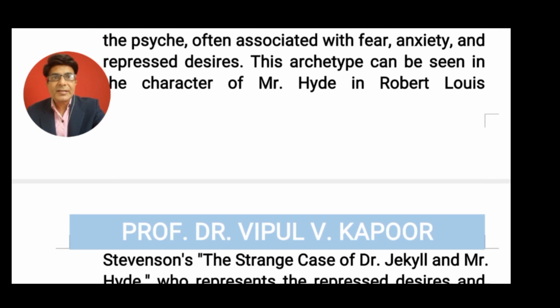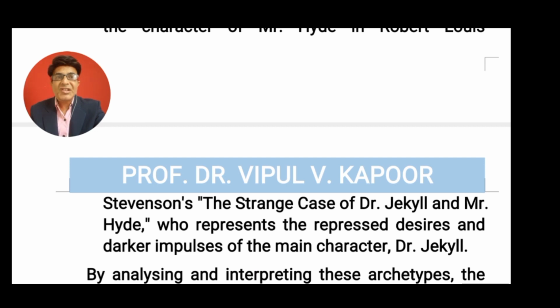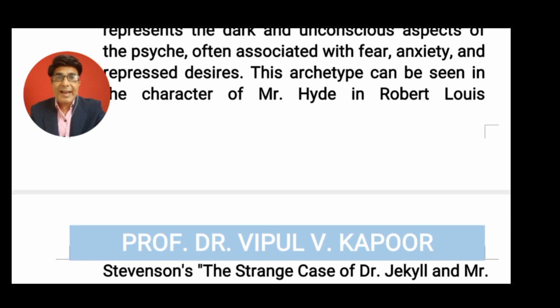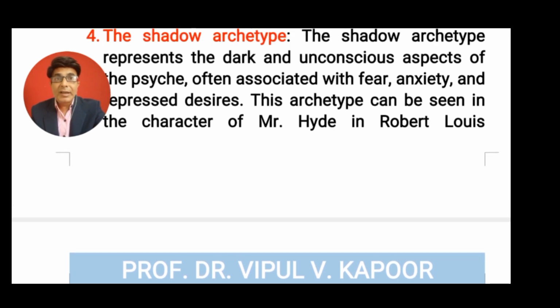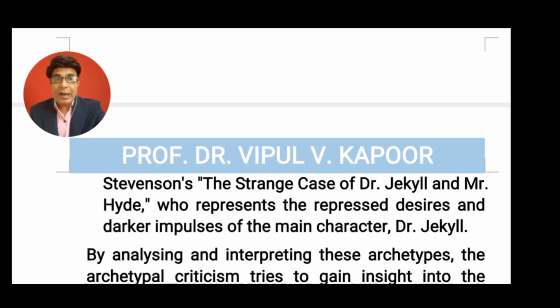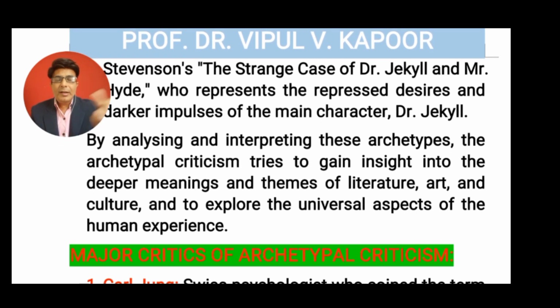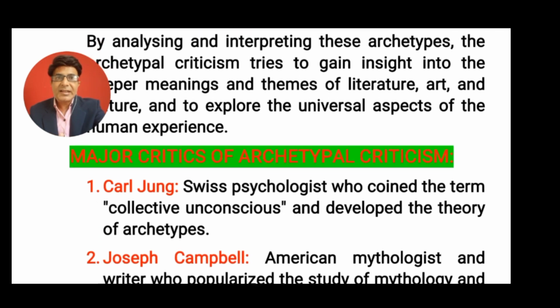Okay, if you read The Strange Case of Dr. Jekyll and Mr. Hyde, there you come across the character Mr. Hyde, who is the shadow archetype. Okay, so all in all, after discussing these four examples, I can say that by analyzing and interpreting these common characters or common archetypes in literature, we try to get insight into the deeper meanings and themes of literature. So that is the main thing.